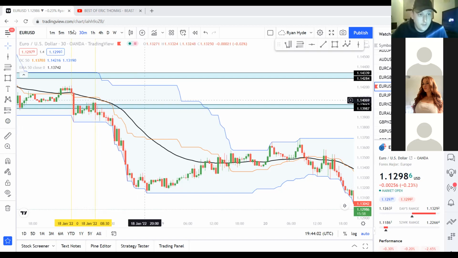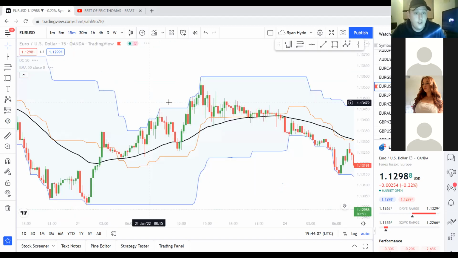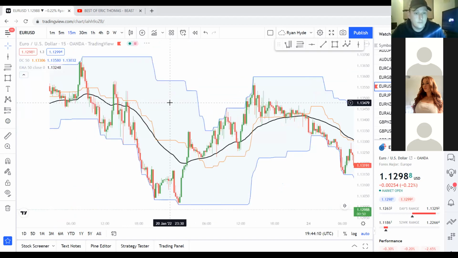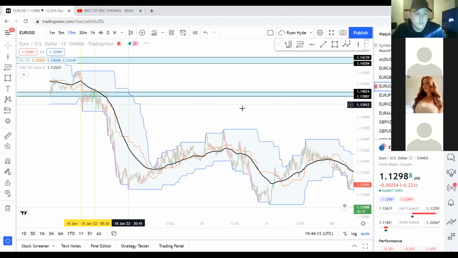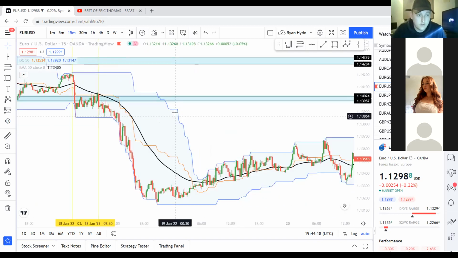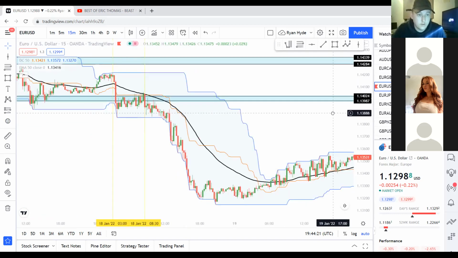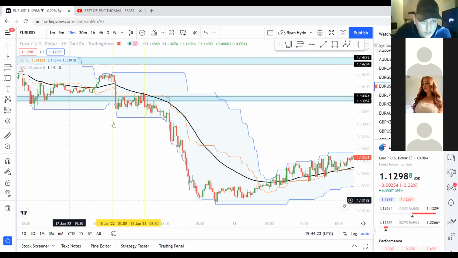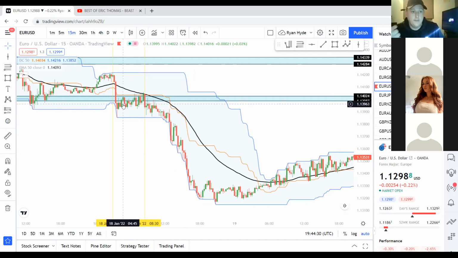But what we need to remember is if we were to flick down to the 15-minute time frame, all right, so earlier on I was saying you have to have the 15, the 30-minute, and the 1 hour all in bias. So that would be our first red candle that we were dismissing. So this would be that second red candle.